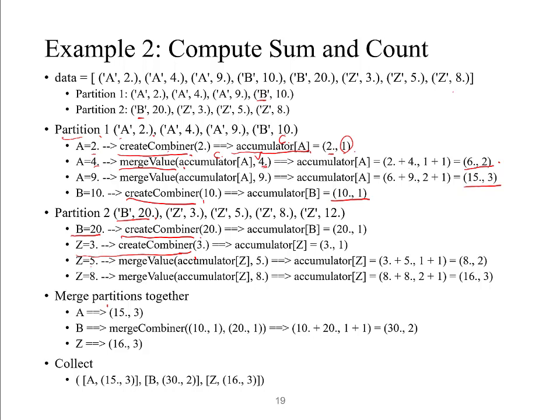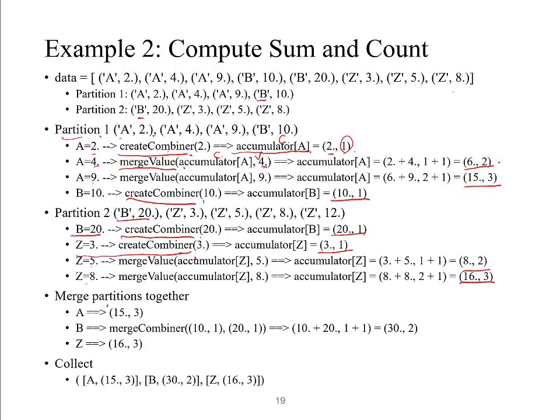For this Z5 and Z8, we do similar things to A4 and A9. So that's what we have in 2 partitions. As you can see, the only two functions executed are create combiner and merge value.